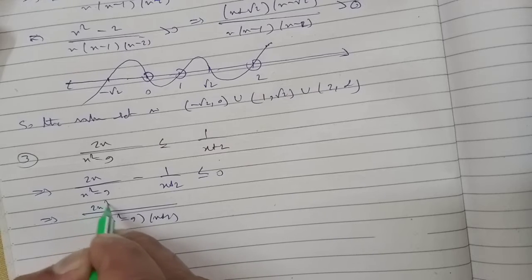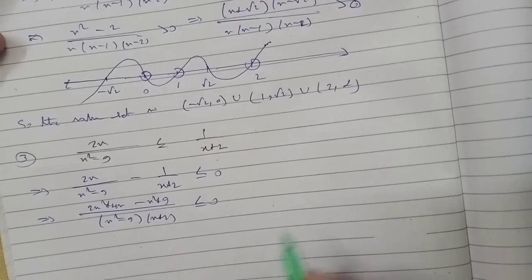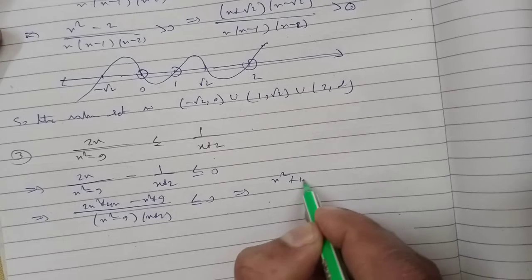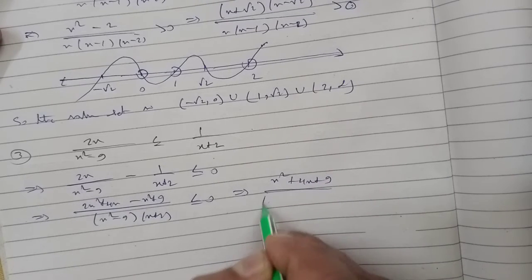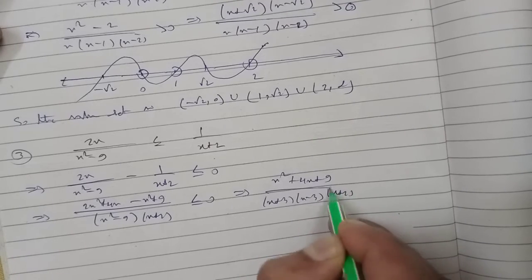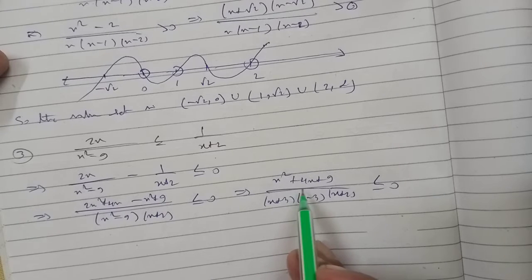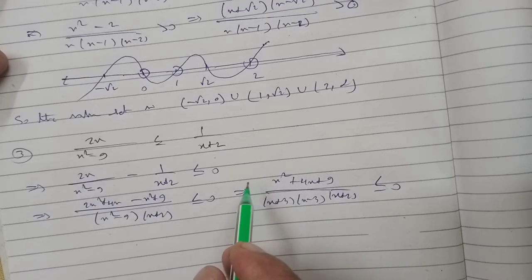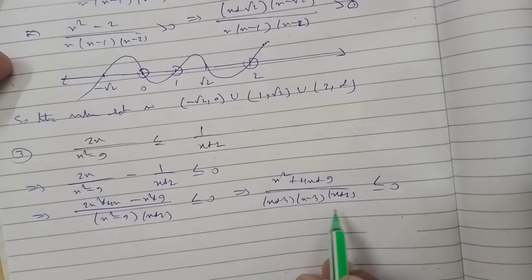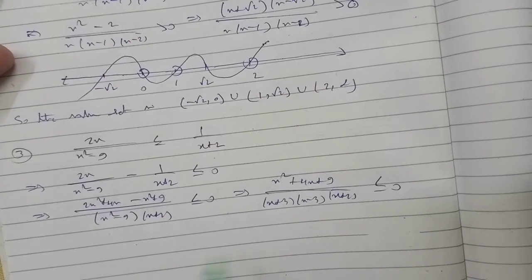This will be 2x square plus 4x minus x square plus 9 less than or equal to 0. So we get (x square plus 4x plus 9) divided by (x plus 3)(x minus 3)(x plus 2) less than or equal to 0. The discriminant, 16 minus 36, is negative, so this will have no real roots. So the numerator has no zeros, and the only zeros are minus 2, minus 3, 3.